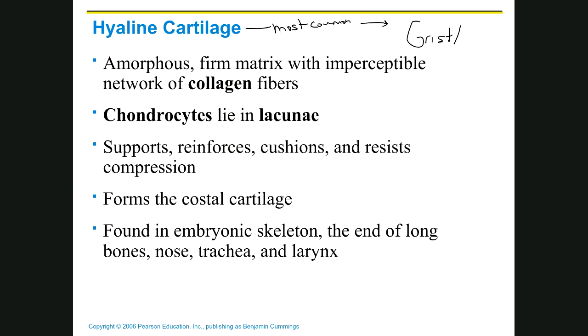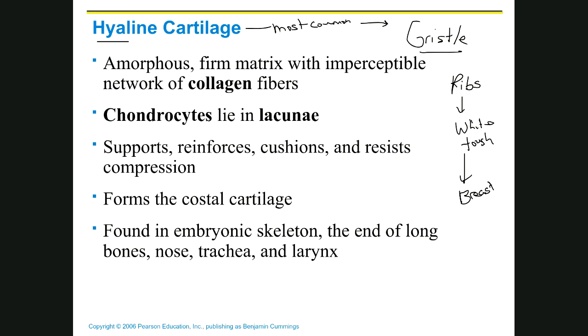We call it gristle. That's hyaline cartilage. Or if you eat ribs, any kind of beef ribs or something, on the end of the bone, there's this white, tough thing. That's hyaline cartilage. Or if you eat chicken and the chicken breast and the middle of it, there's a white, flexible-like thing. That's hyaline cartilage.